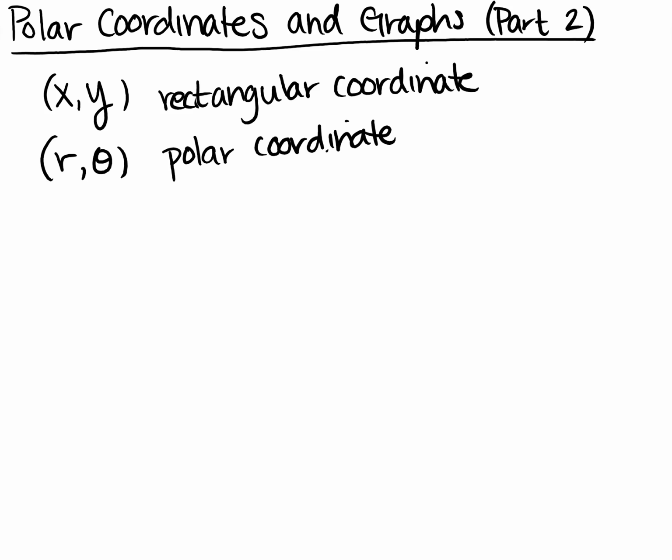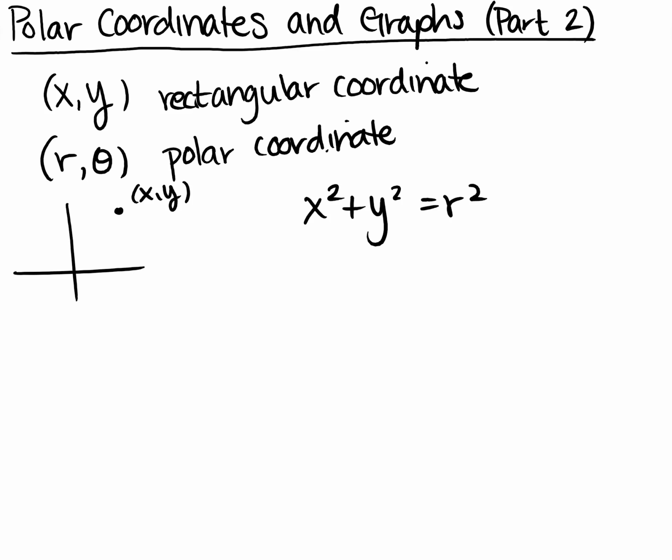So when we look at graphs of functions, really a graph is just a collection of points. That's all a graph is. And so when we had this relationship to go from rectangular to polar or from polar to rectangular, we use the following relationships. Let me just refresh your memory here.